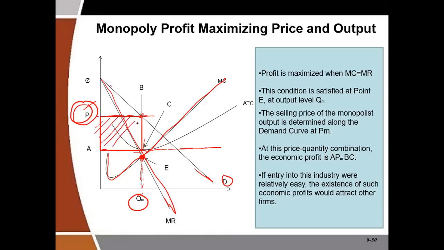Okay. Because price means total revenue per unit. Average total cost means total cost per unit. So price minus average total cost simply tells profit per unit. All right. And then, so this portion is our profit.